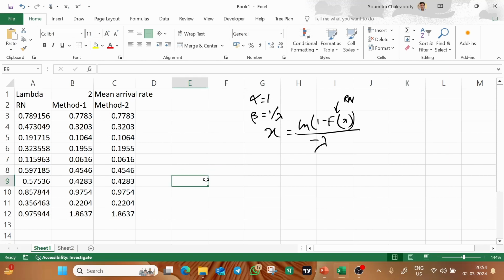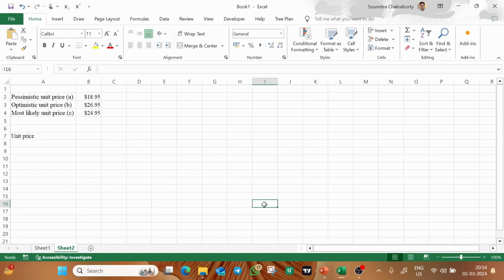So that is one thing related to exponential distribution. Now let us come to the triangular distribution. Before implementing anything, let me write this formula.